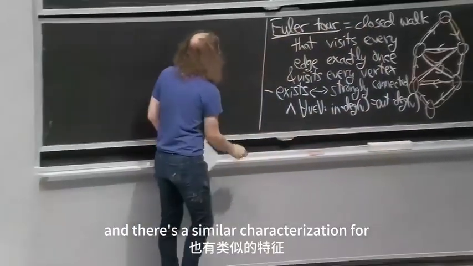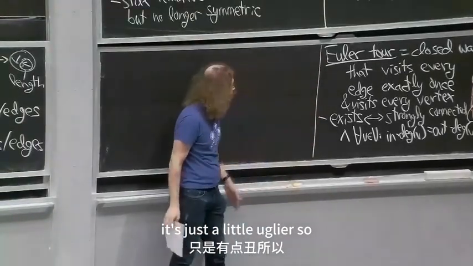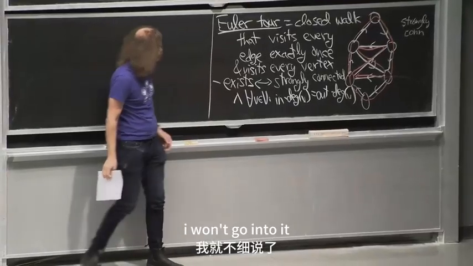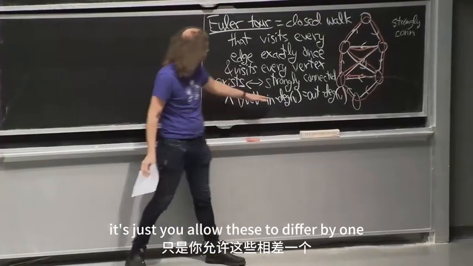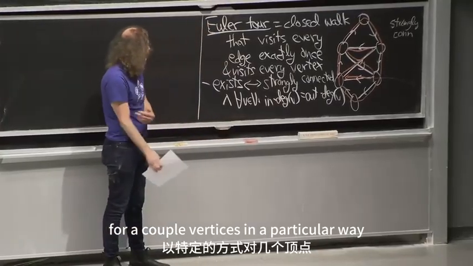And there's a similar characterization for Euler walks instead of Euler tours. It's just a little uglier, so I won't go into it. It's just you allow these to differ by one for a couple of vertices in a particular way.